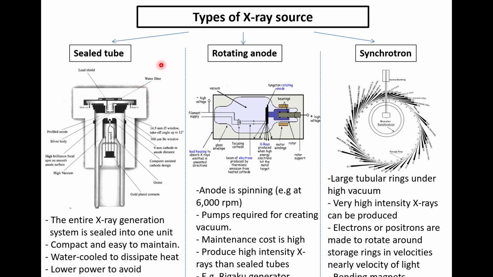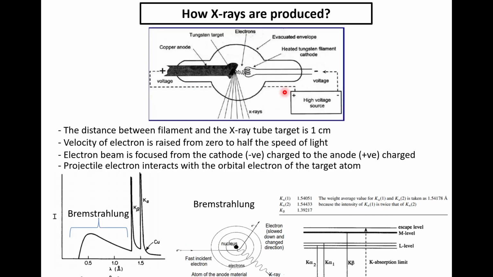The first disadvantage of this sealed tube is similar to what I have discussed here. You have a fixed anode, and always the cathode electrons are hitting this anode.